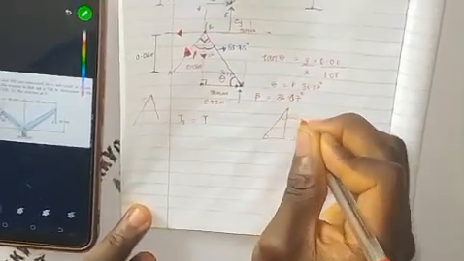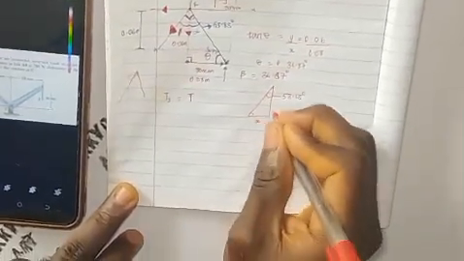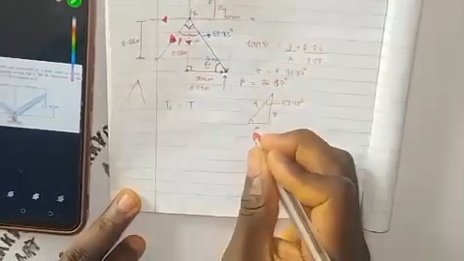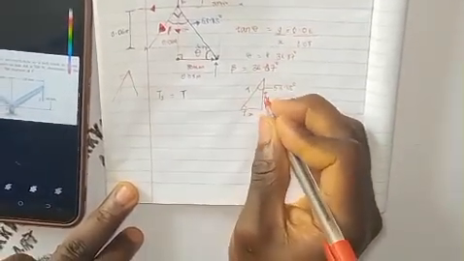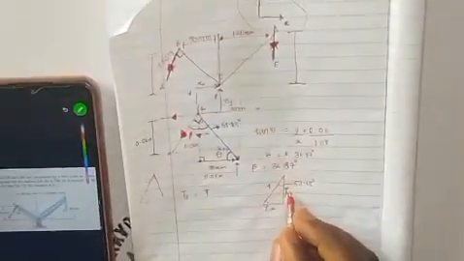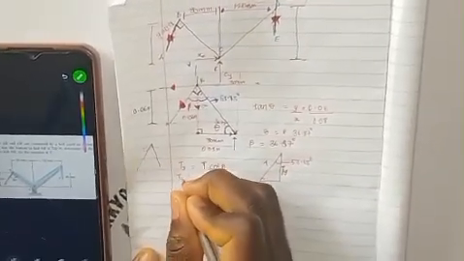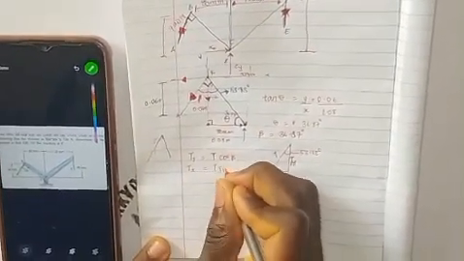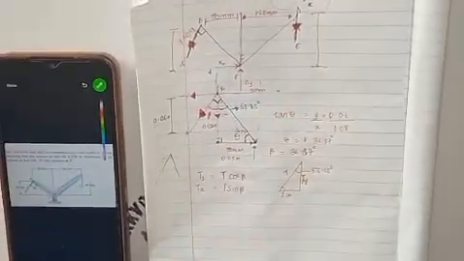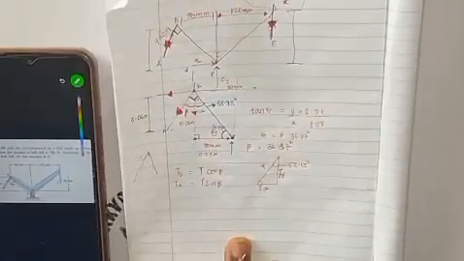Here is your theta, 53.13 degrees. So this will be your x, this place will be your y. So this will be your Tx, Ty. Let's put it like that. So our Ty, this will be adjacent, so we'll be having T cos of beta. Then your Tx will be T sine of beta. Don't forget we've resolved that into its components. So we've resolved this tension into its x and y components.